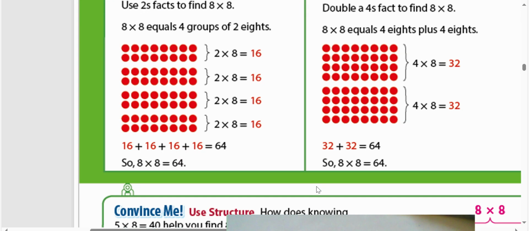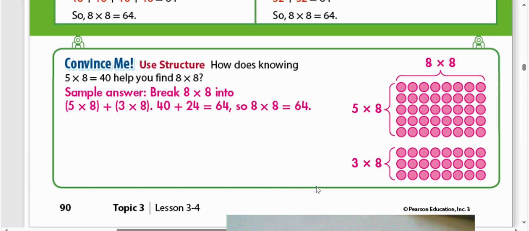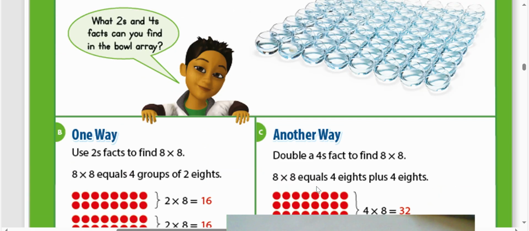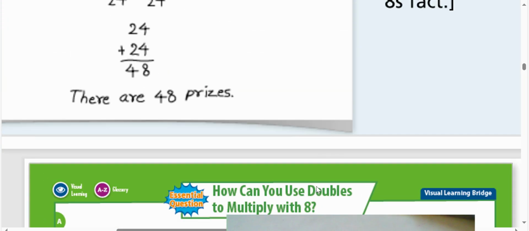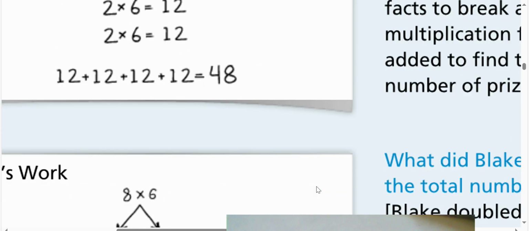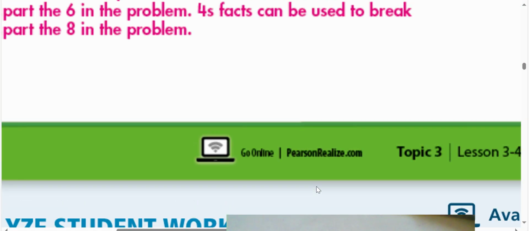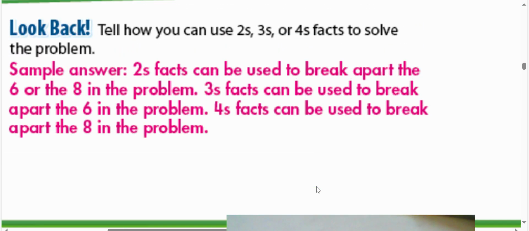Okay, next question. Down here we have a question on this page like this. Tell how you can use 2, 3, and 4 factors to solve this problem. Simple answer here.